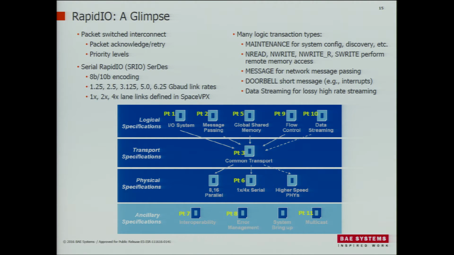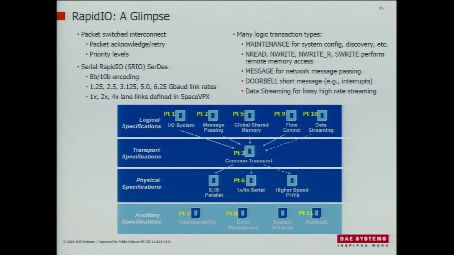And so my last chart here, before I get to the "please tell me what you think you want" chart, is rapid I/O. Yesterday, listening to Steve Parks from Star Dundee talking about SpaceFibre, a lot of things he was talking about are common and similar to rapid I/O.